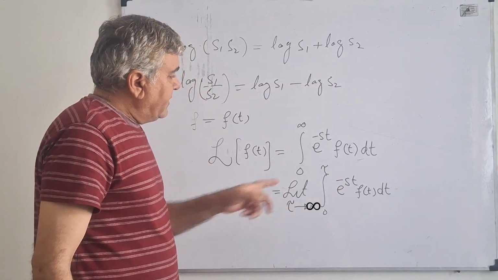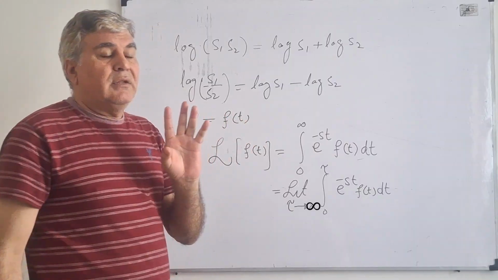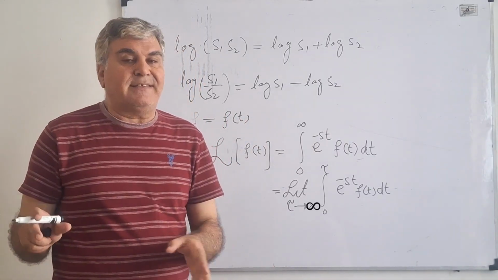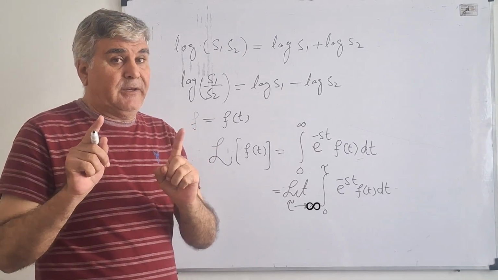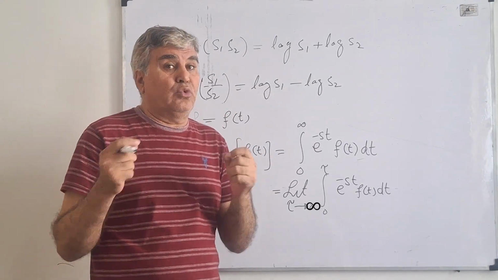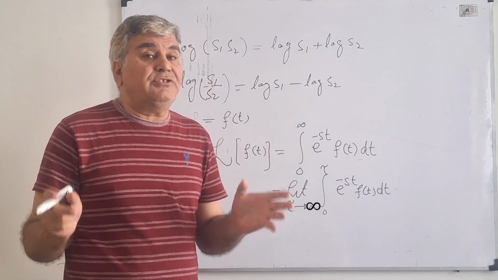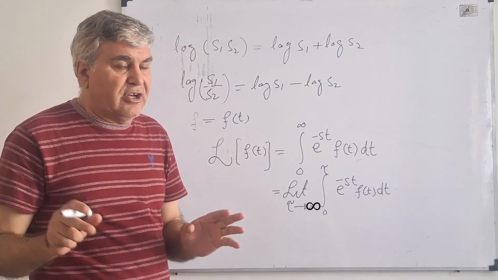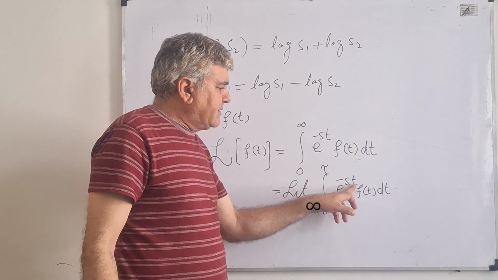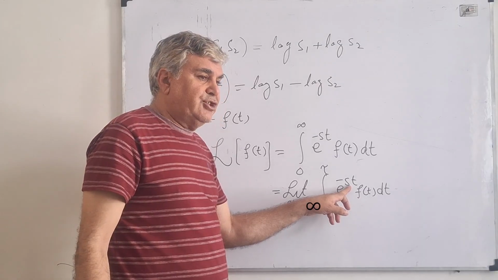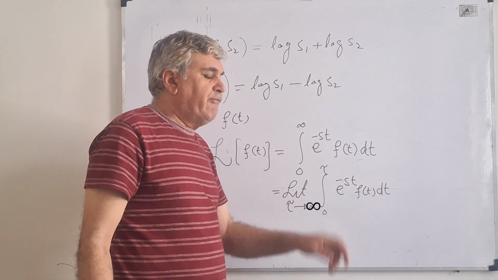So if t is time, then we know that the argument of the exponential function is dimensionless. This is important. If you don't know about it, you should note this. The argument of exponential functions is dimensionless. So if t is time, then obviously for this argument to be dimensionless, s must be frequency.